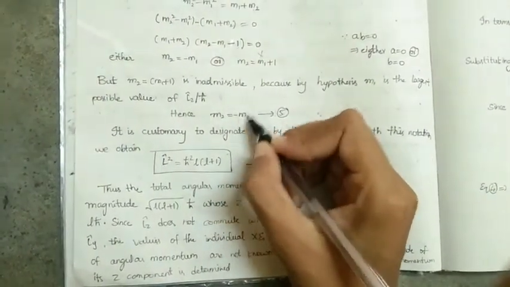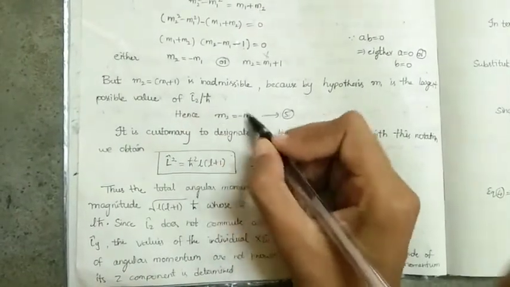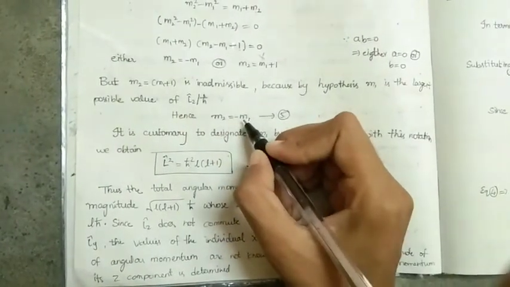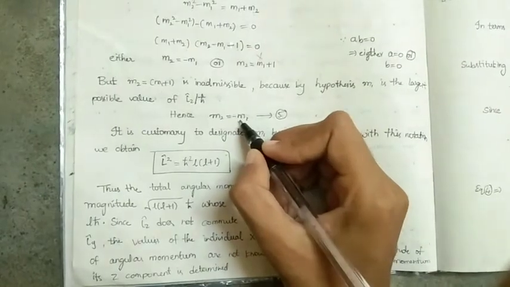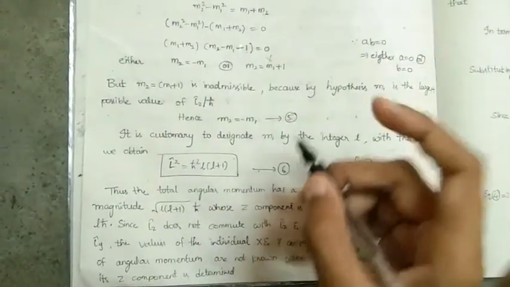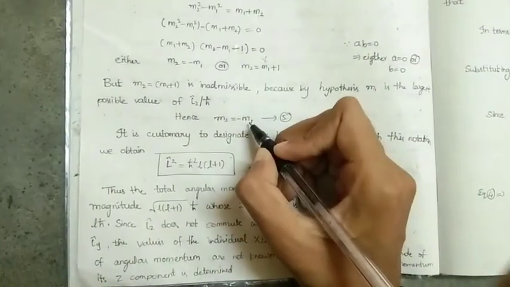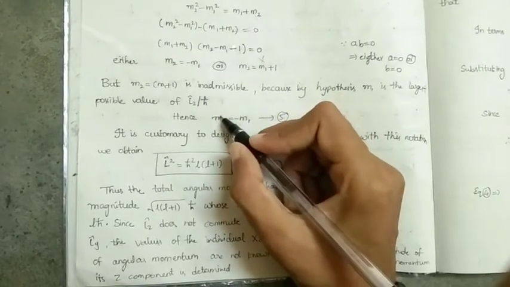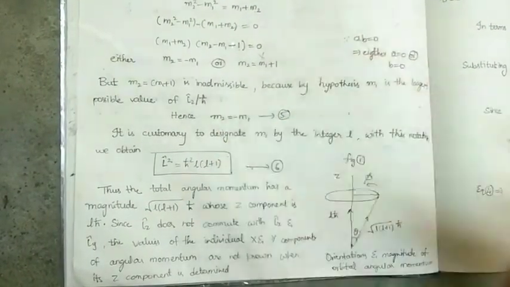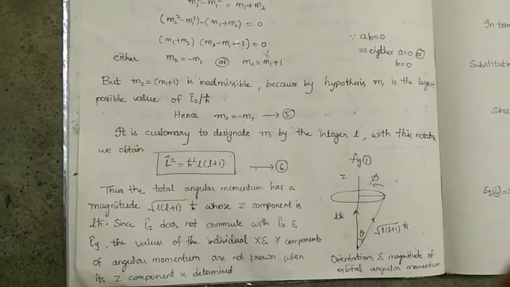So if L equals 3, then m1, the maximum positive value, would be 3, and the maximum negative value would be minus 3, that is minus m1.